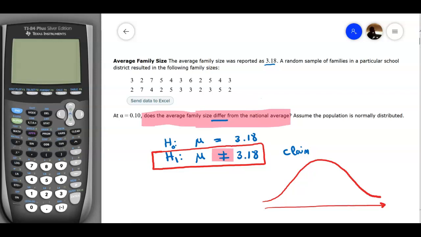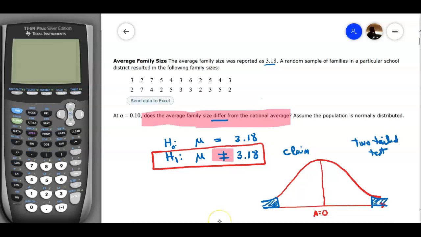I'll get to that later on. However, I know this is a 0, mean equals to 0. And if I say different, it means you're gonna have two parts that you could be different, either before or either after. And different, that's a two-tailed test.